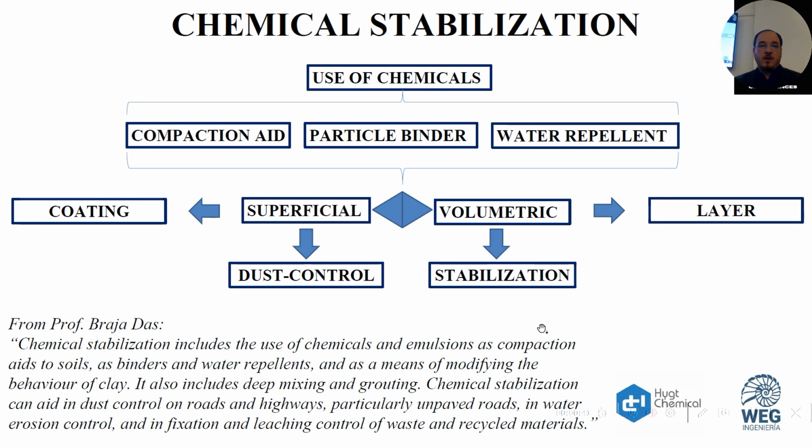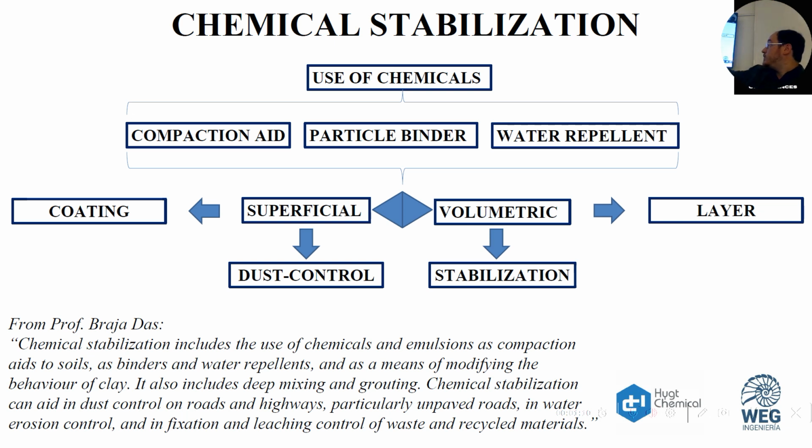So, I will start from scratch because maybe some people do not need to know what chemical stabilization is. Chemical stabilization is basically the use of chemicals to create a compaction aid, a particle binder, or water repellent, or many of these properties in the soil. This can be done by applying chemical and water during compaction or by spray.